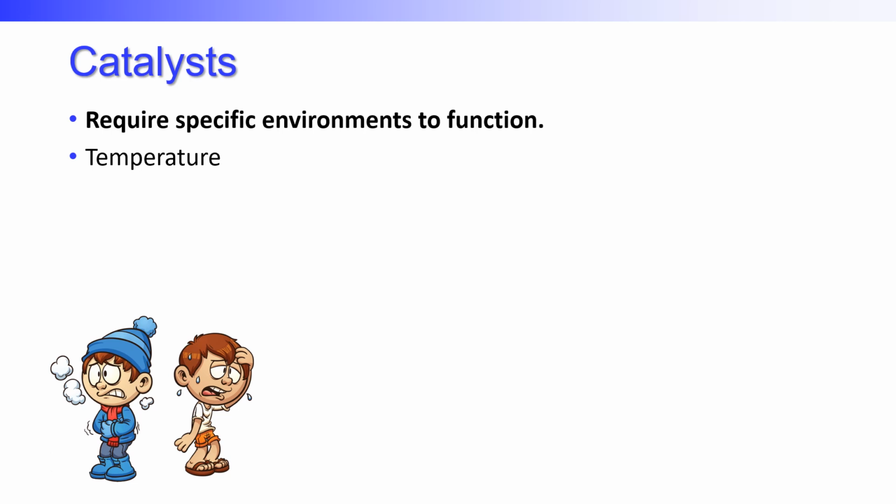If you get too cold, certain enzymatic functions won't work. If you get too hot, other enzymatic functions won't work. So we need to stay within a range to ensure that all of our enzymatic functions are occurring the way that they're supposed to. So temperature is important.